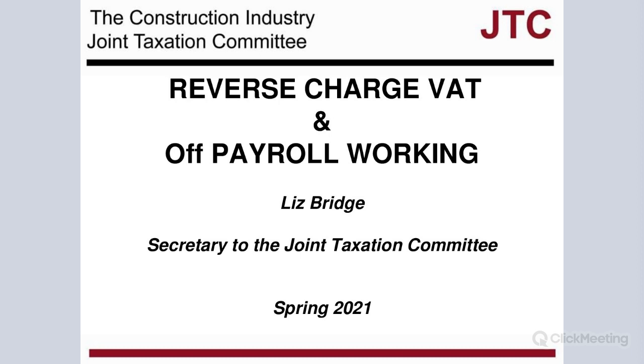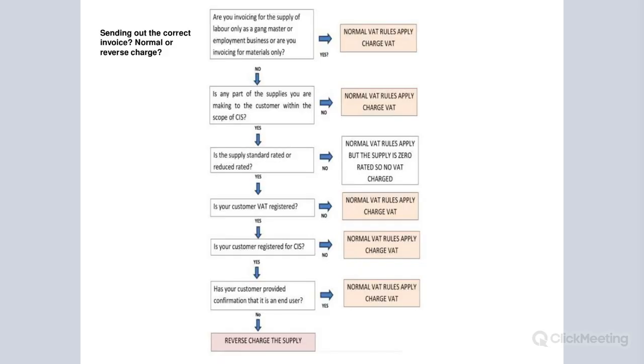I know that Glenda has made you all copy a paper flowchart. The paper flowchart is slightly different from this one. This one's been laid out so that it will fit on a screen. The flowchart was designed in negotiation with the revenue so that nobody would ever make a mistake when they were reverse charging.